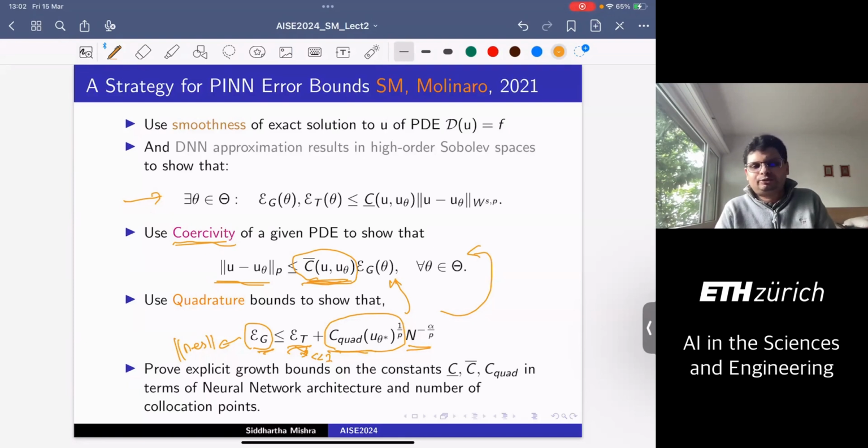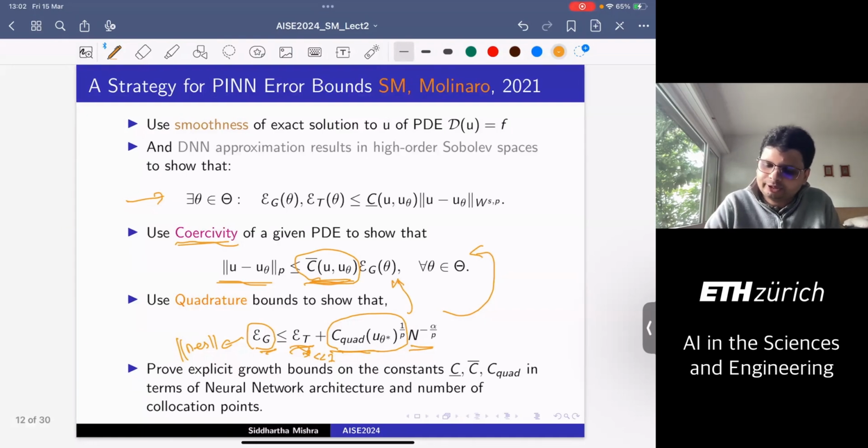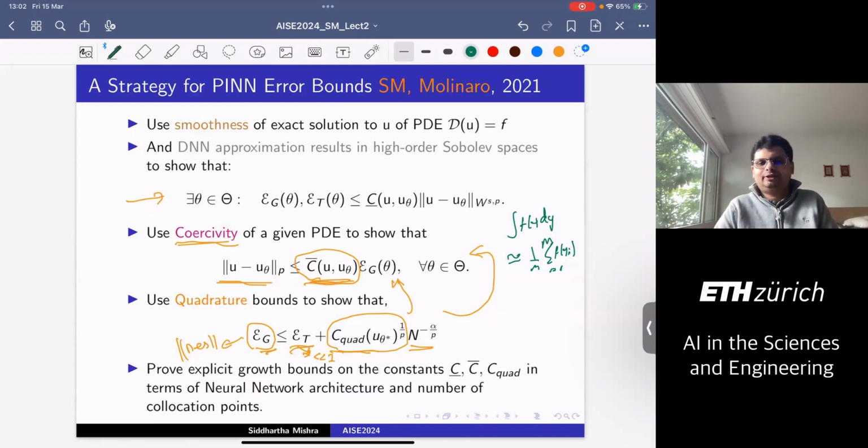So if you have the integral of f(y) dy, you are going to approximate it by 1 over m times the sum of f(y_i), i from 1 to m. That would be Monte Carlo, in a probabilistic sense, but all of these are quadrature to me.